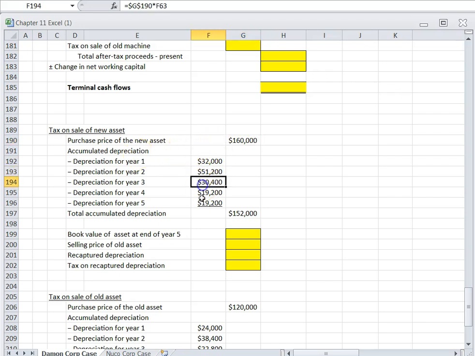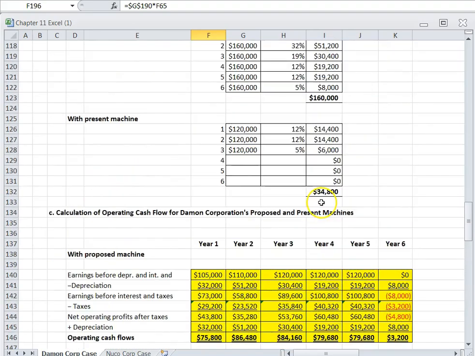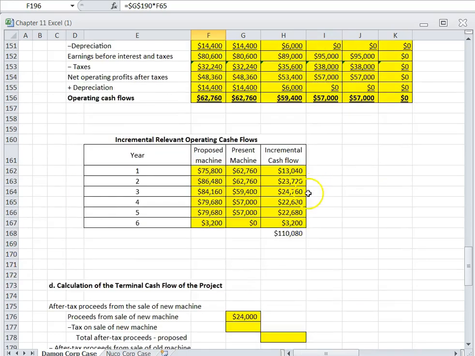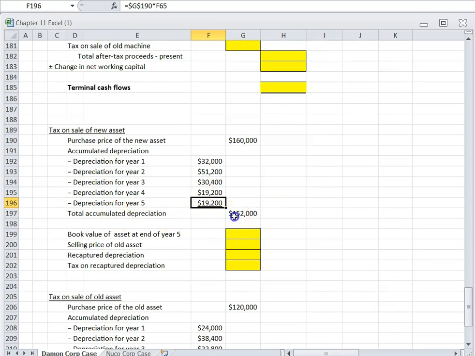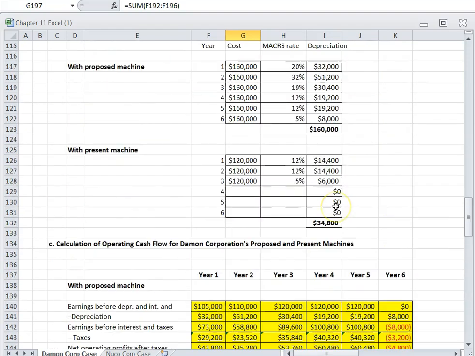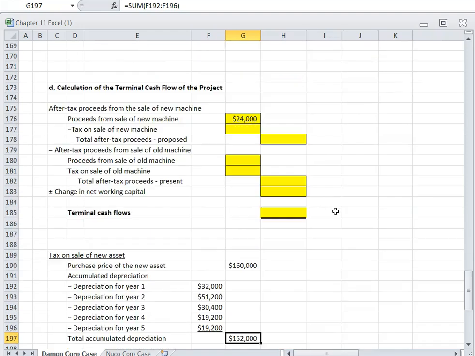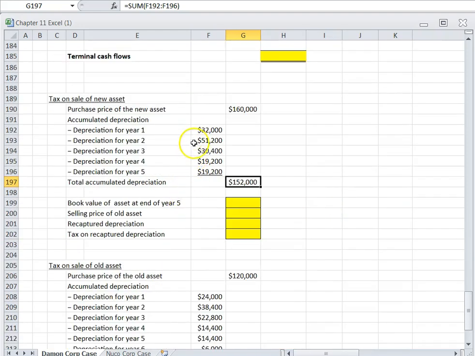I'm pulling this down from our depreciation schedule. If you remember that, see this depreciation schedule up here? I'm just pulling those numbers in to get an accumulated depreciation amount. By the end of year 5, this would be our accumulated depreciation. And then to calculate the book value, I would take the asset value minus the depreciation through year 5, which is $8,000.